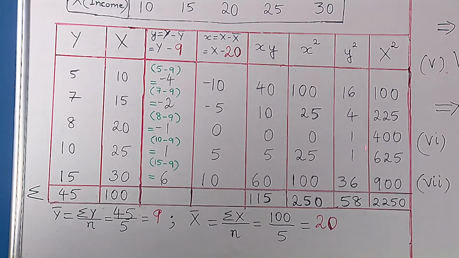Total up all the x squares together and give the total at the below row, it is 2250 in this case. All these estimated values will be used for the estimation of the next estimates.